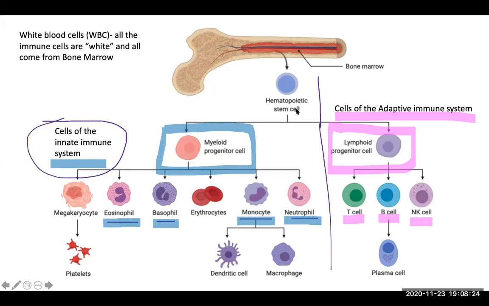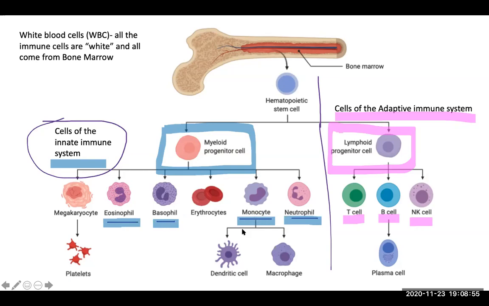So from this stem cell, you can become a lymphoid progenitor cell or a myeloid progenitor cell. If it's lymphoid, you're going to produce one of the 3 types of adaptive immune cells, and we'll talk about that later. If you're from a myeloid progenitor cell, you're going to produce one of the several types of innate immune cells: eosinophils, basophils.